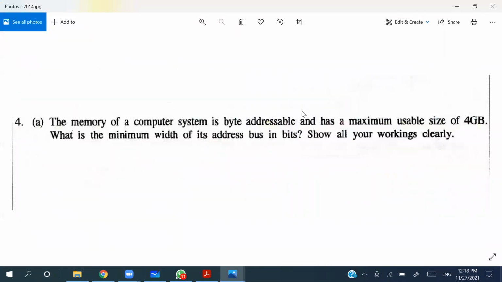Yeah, this is the first part, and later I'll show you the second.